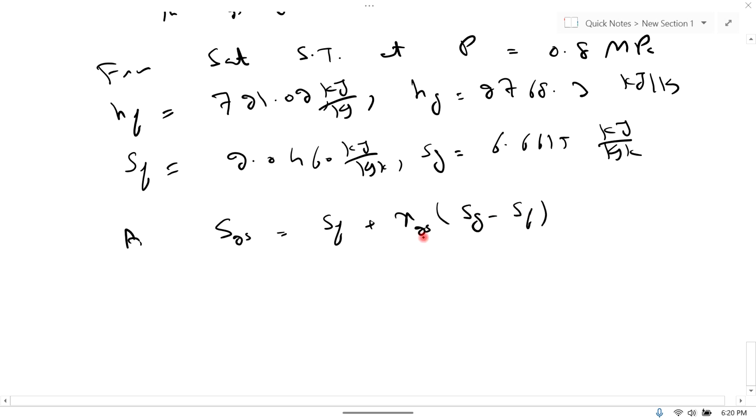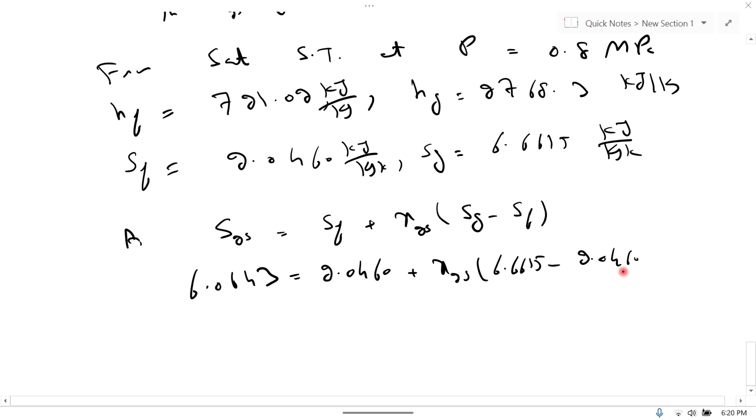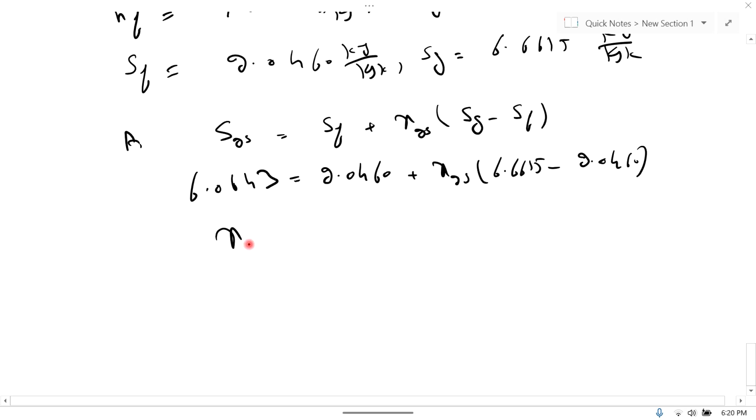Putting values in this and find x2s. s2s is equal to 6.0643. s1 is equal to s2s. sf is equal to 2.0460 plus x2s into sg, 6.6615 minus sf, 2.0460. So here only x2s is unknown. So solve this equation and find x2s, which is equal to 0.87.